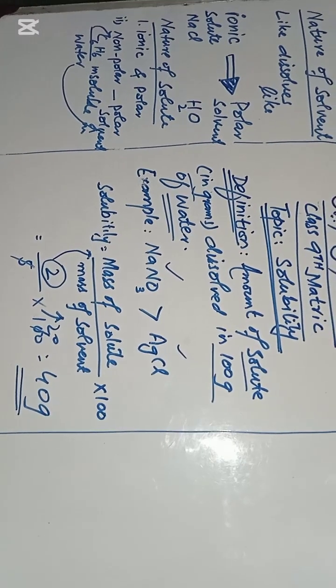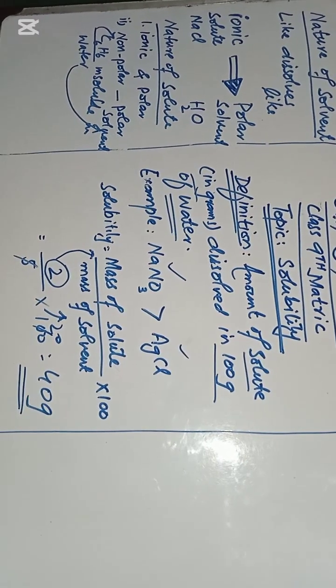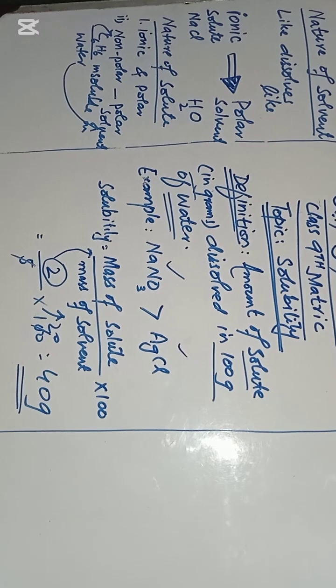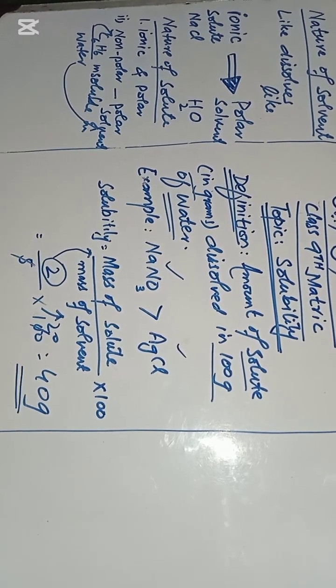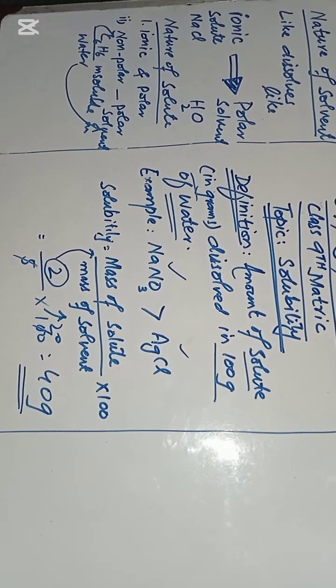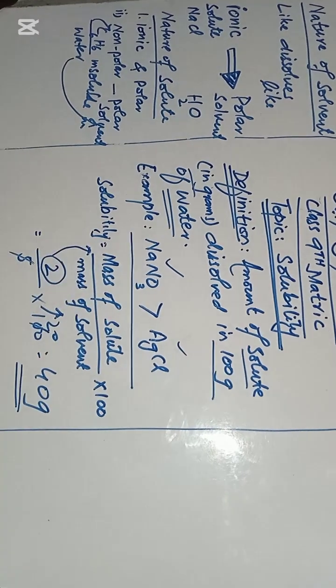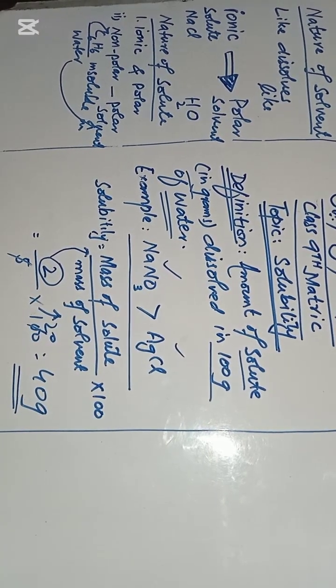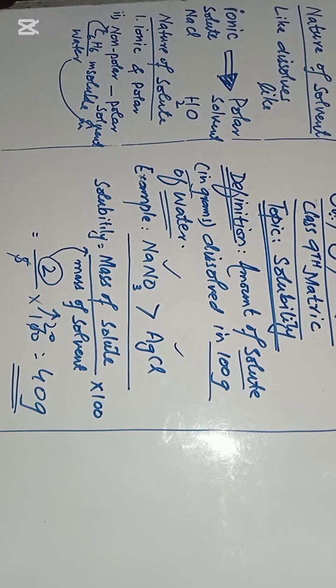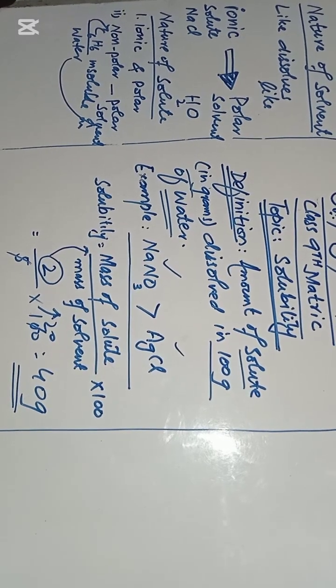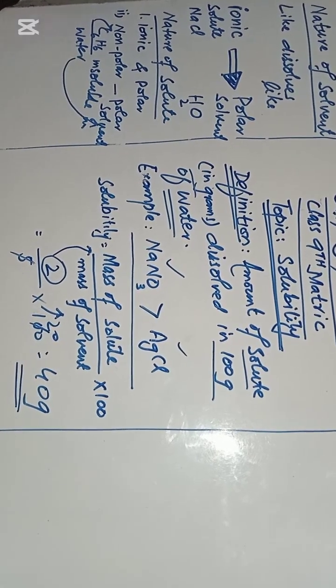Now why are some solutes more soluble than others? Like I have given here that sodium nitrate is more soluble than silver chloride. Clear? There are many reasons and factors which affect solubility.